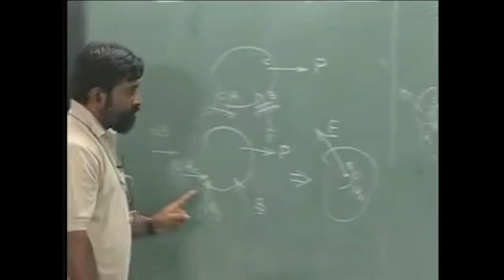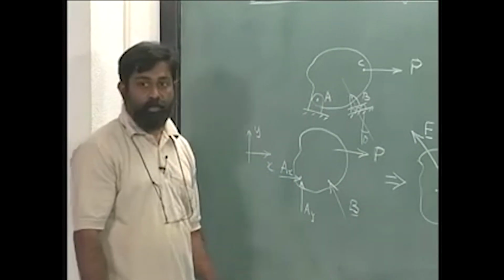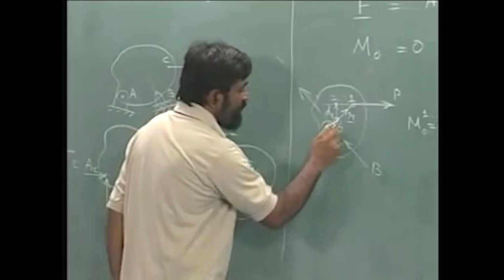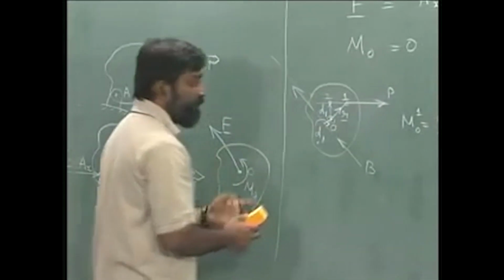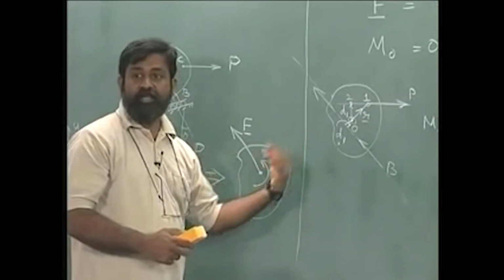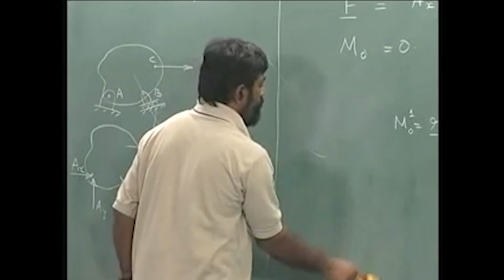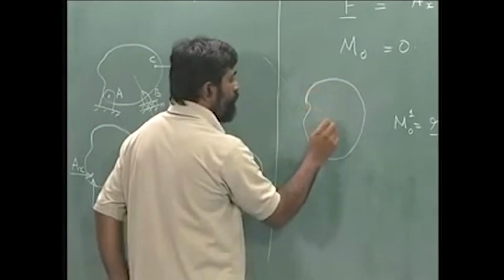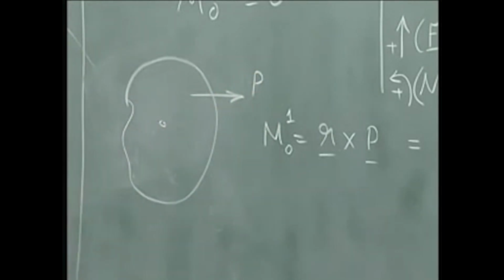Okay. And in a similar way here, it is simpler if I write it as Ax and Ay, because of the distances that I can find out. For example, I am just going to erase this and draw fresh so that you understand how easy it is if I write it in terms of components. Okay. So, if this is the body, if I take this force P, I know this is a horizontal force.